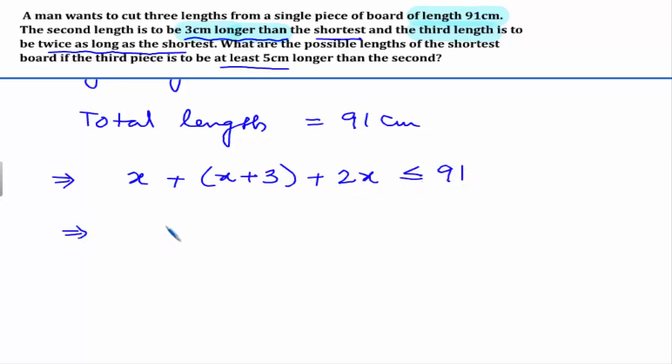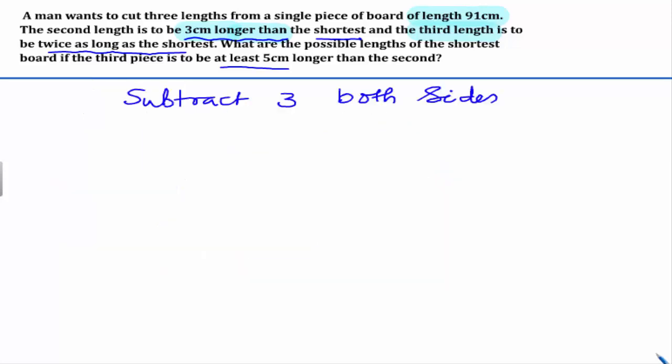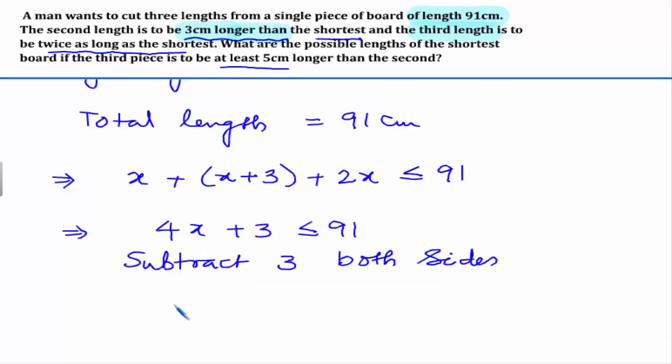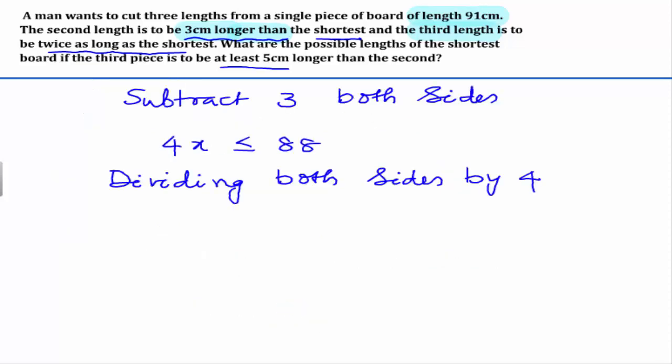This will give us 4x plus 3 is less than or equal to 91. By subtracting 3 on both sides, we get 4x is less than or equal to 88. Dividing both sides by 4, we get x less than or equal to 22. This is the first condition.